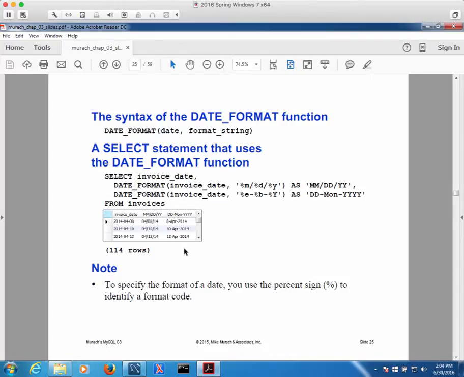Now, we've got more details in the textbook about how to author these format strings. And of course, if you look up the documentation for MySQL or SQL more generally, you'll see a lot more data on how to come up with these character strings to get the data in just the format that you want. Okay?